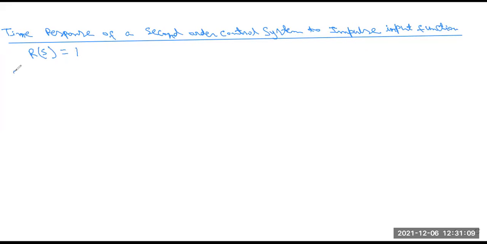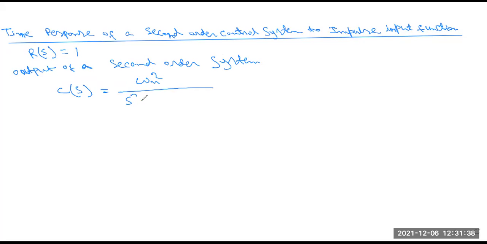So the output of a second order system is C(s) equals omega n square by s square plus 2 zeta omega n s plus omega n square.